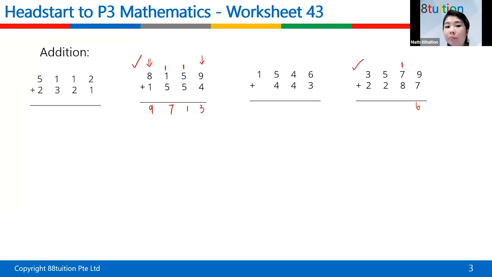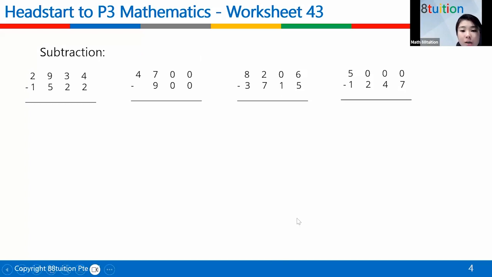Can you add up the tens column for me, please? 16. Very good. Finally, the hundreds column. 8. Great. And the thousands column? 5. Very good. So this is simple addition. You all shouldn't have a problem. All right, let's move on to subtraction.